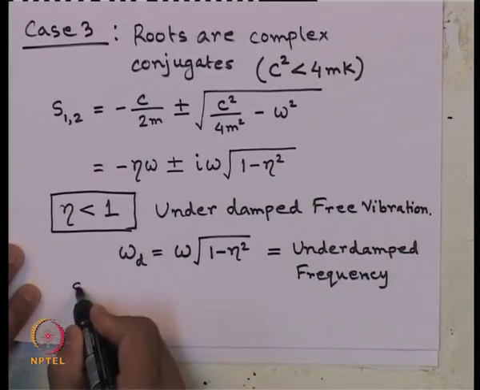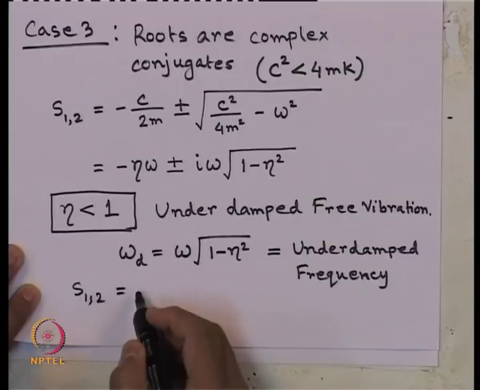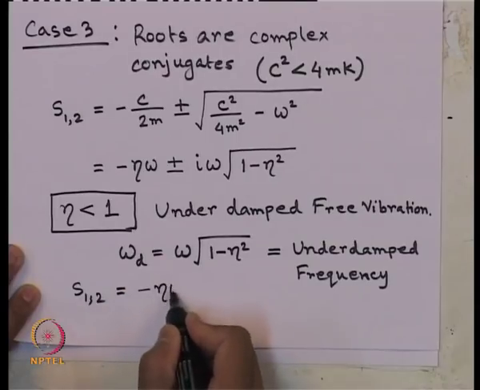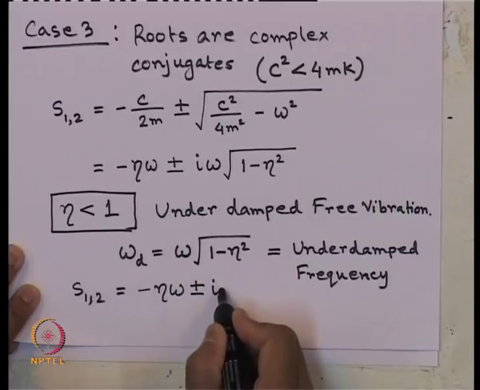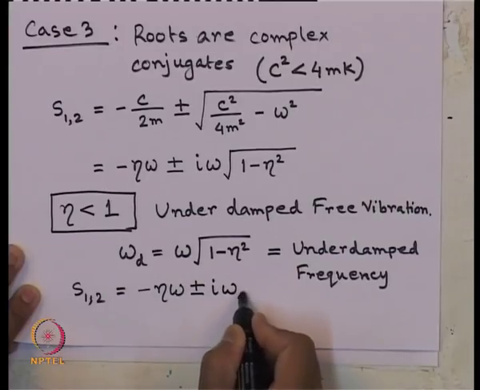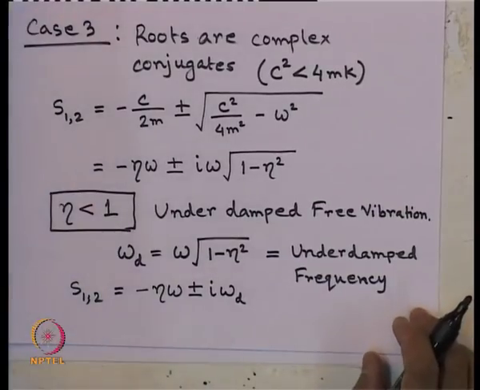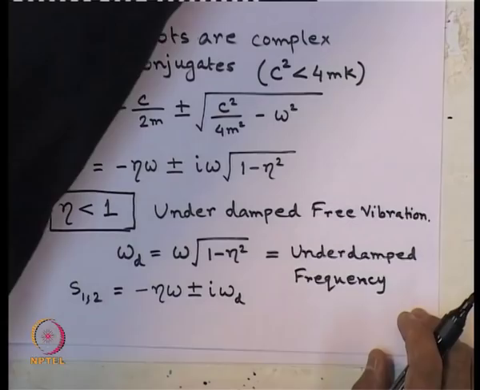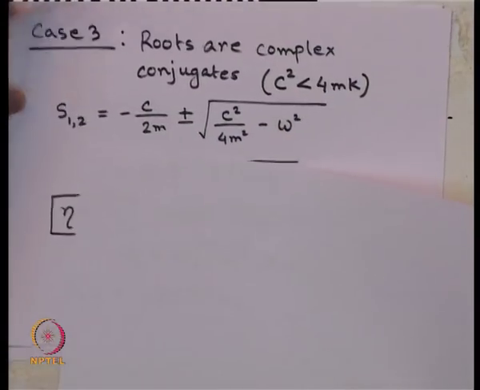So, the two roots of the solution s1 and s2 will be minus eta omega plus minus imaginary i omega d. These are the two roots. So, if we have two roots like this, what should be the solution? Let us see.